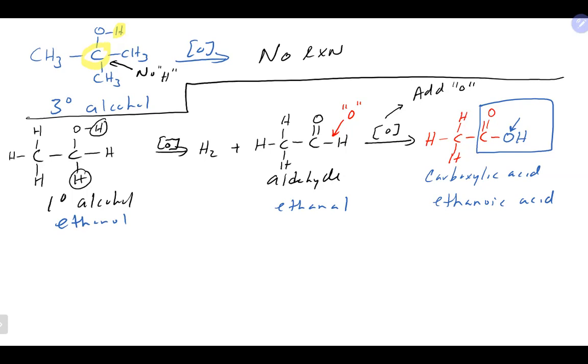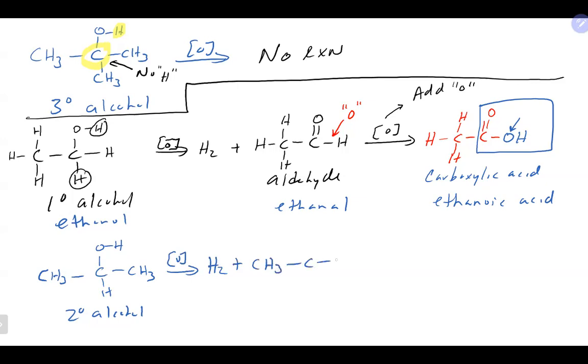Now, if you want to do that with our secondary guy, which I think was this guy we did, this is our secondary alcohol, which once again we oxidize to, just like we did on the previous page, basically this ketone here.